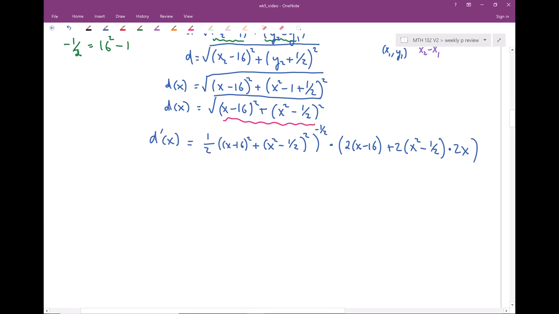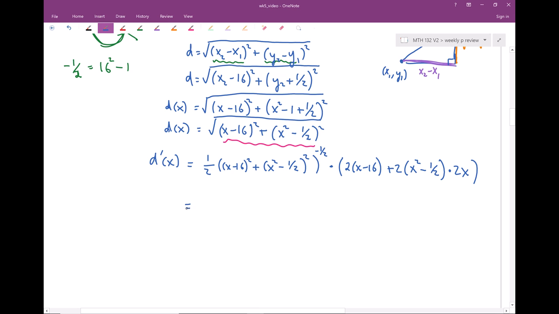All right. Now let's go ahead and do a little bit of simplification to look at this thing. So, okay, when I have something raised to the negative 1/2 power, that's going to push that into the denominator here. And this looks like the distance function right here. So this is going to be the square root of (x minus 16) squared plus (x squared minus a half) squared, because again, I left the inside alone.